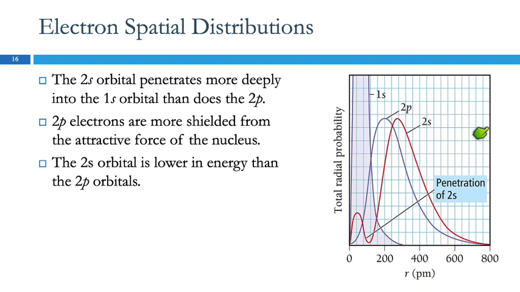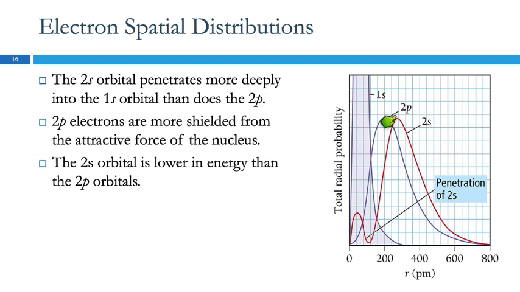So we looked at graphs like this very briefly in chapter 8. So here we're looking at the radial probability for different orbitals. And so here's the 1s orbital. Remember, that's a sphere. And it does have a node at 0, but most of it is near the nucleus, right? So it seems like most of it is within about 100 picometers of the nucleus.